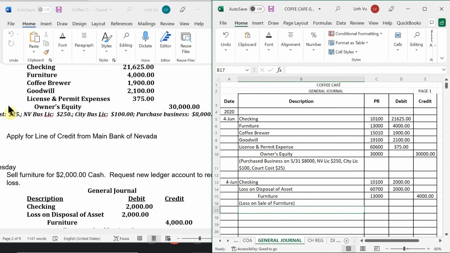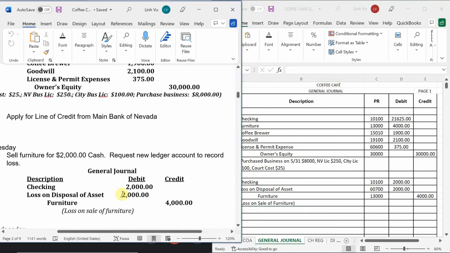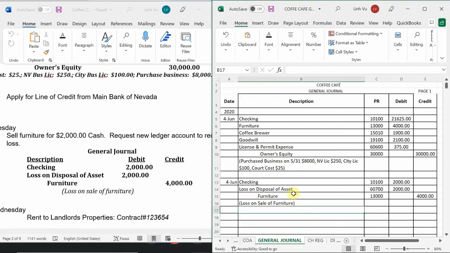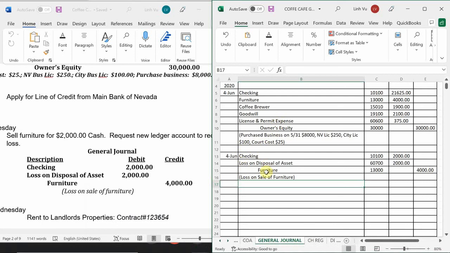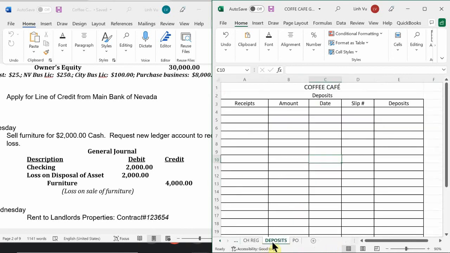Okay. So again, when I journalize, I must post it to my ledger because in this case, I increase my cash, but I should actually put the money into my checking account. So that's going to be something I am going to have to make a deposit for. Okay, that's my deposits.